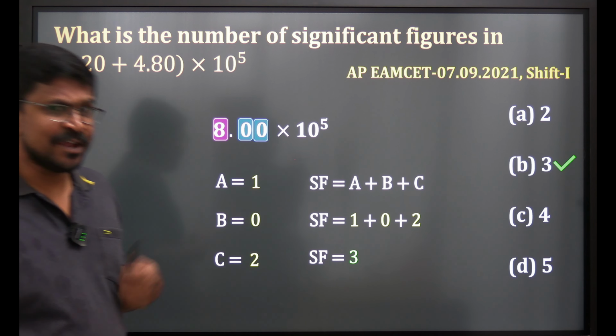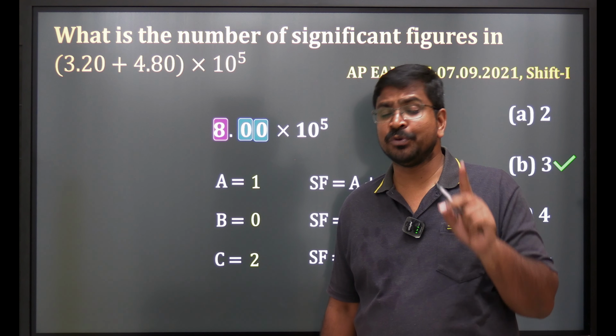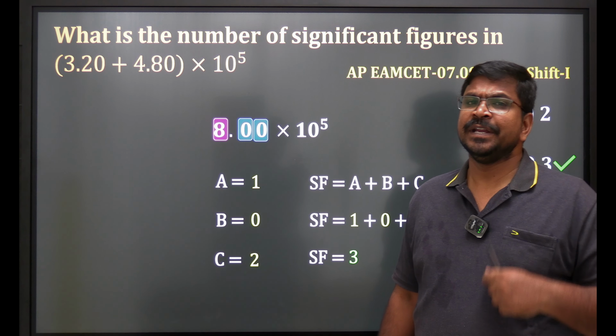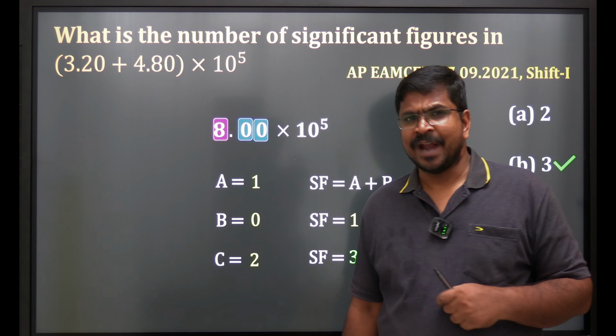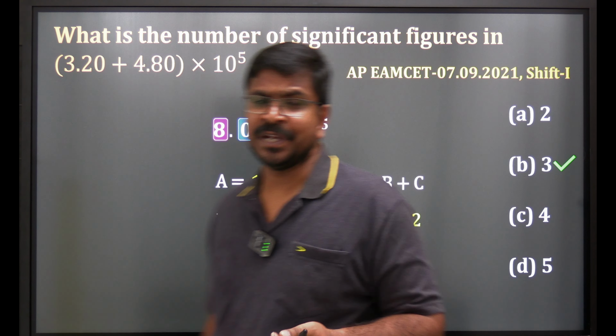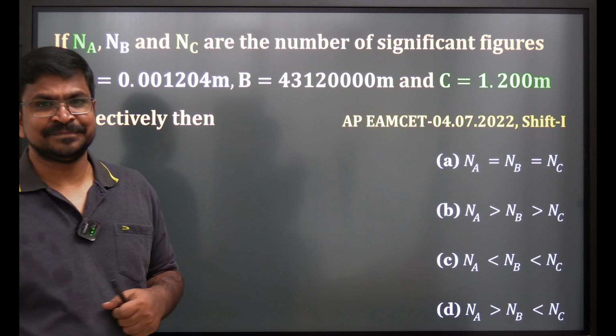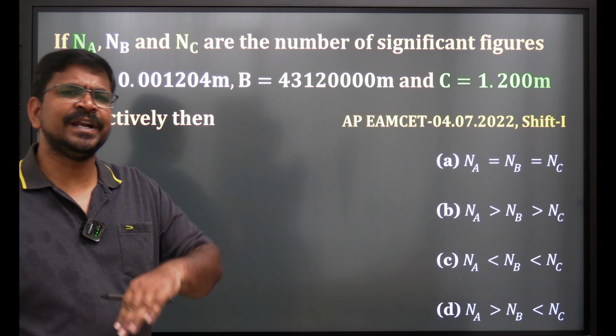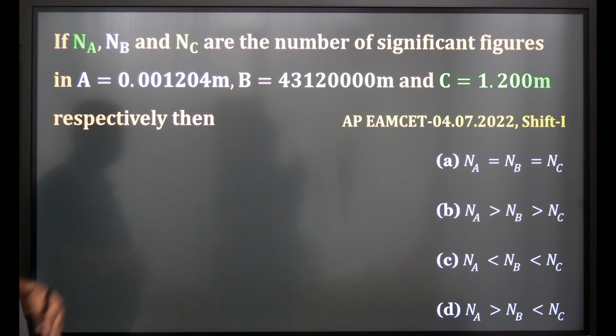My dear students, I hope you understand. Till now, in 2022 we have 2 questions from significant figures, in 2021 1 question, and 1 more question from 2022. That means in 2022 itself we have 3 questions from significant figures in 3 different shifts. This is 2022, first shift.